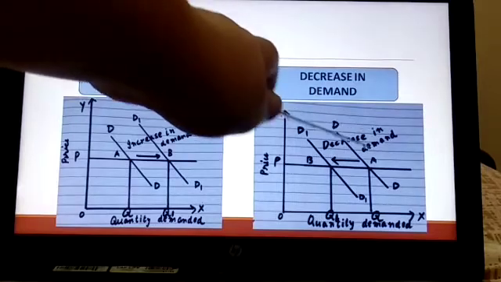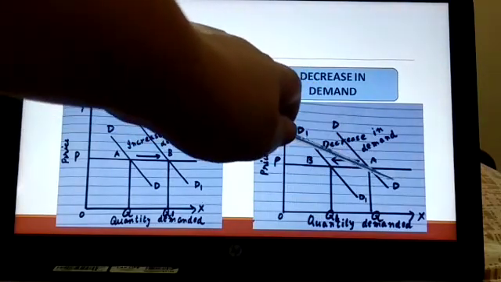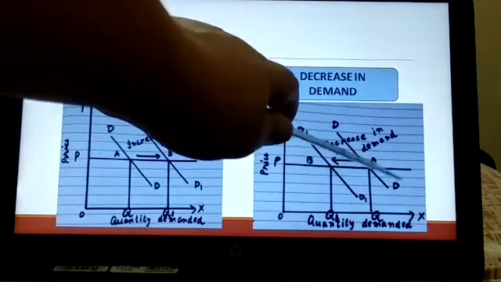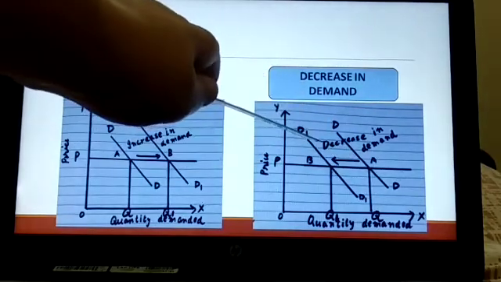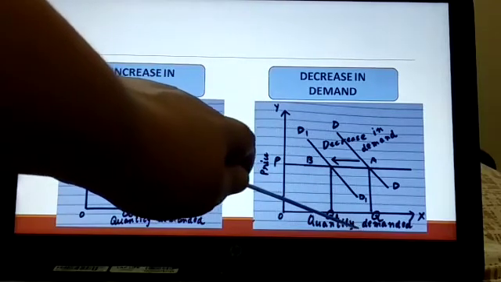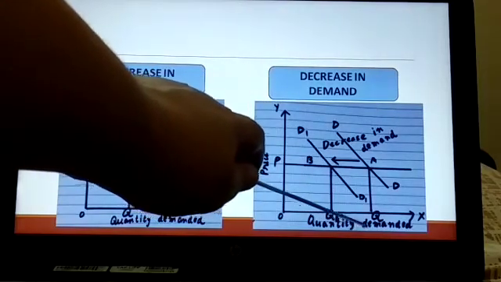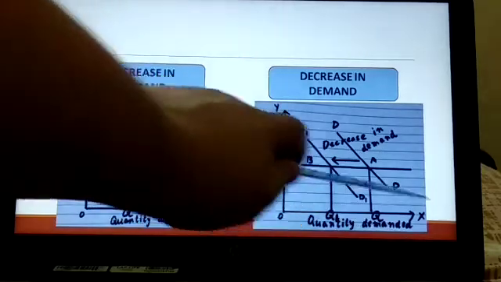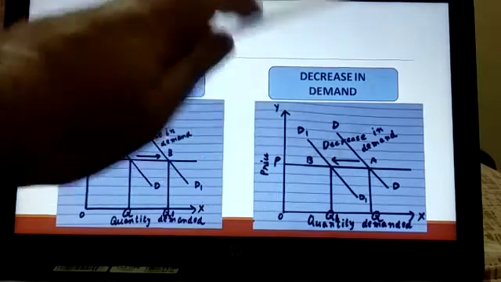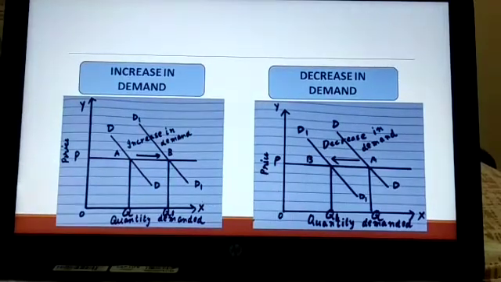So see, this is the demand curve DD, and there will be a leftward shift this side. This is your new demand curve D1D1, and this will become your quantity Q1. I have quantity demanded, price has to be written. Now A to B, the demand curve shifts, and there is a leftward shift in the demand curve.